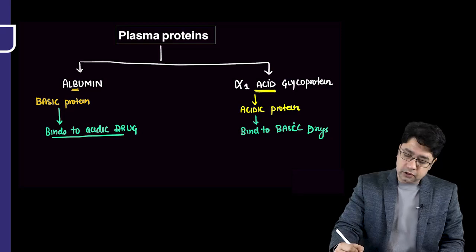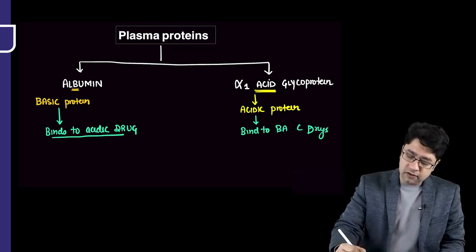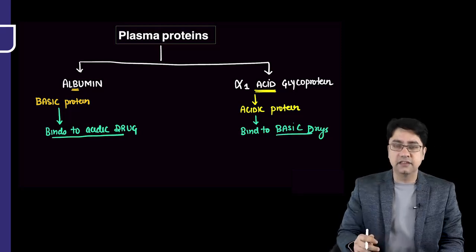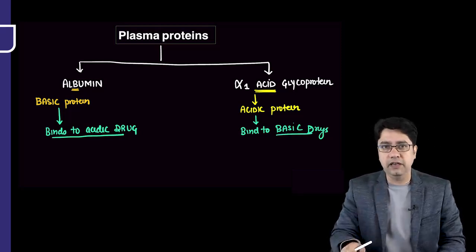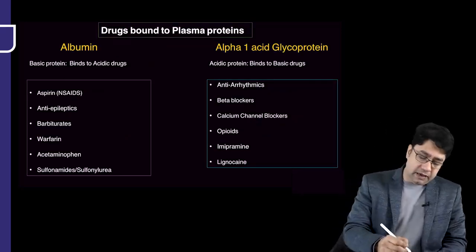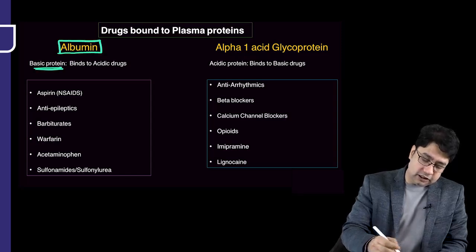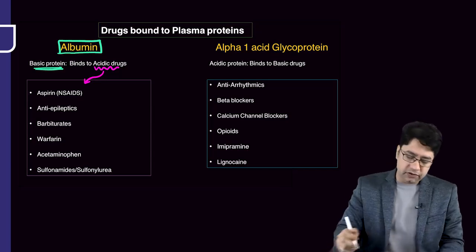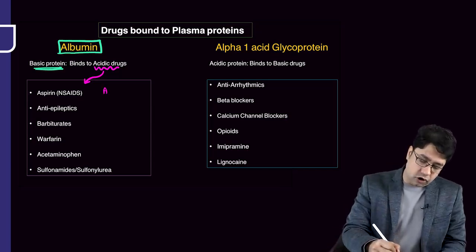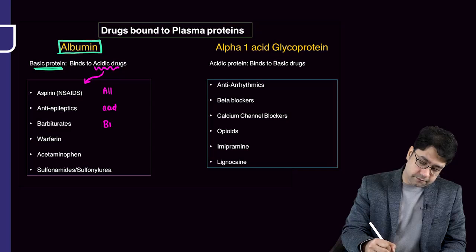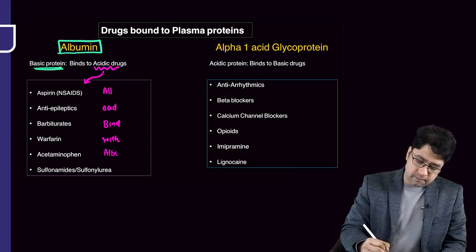Let's write the list of acidic drugs and basic drugs attached to these respective proteins. Albumin is a basic plasma protein and it attaches to acidic drugs. The acidic drugs we can write with the help of a mnemonic: all acids bind with albumin strongly.